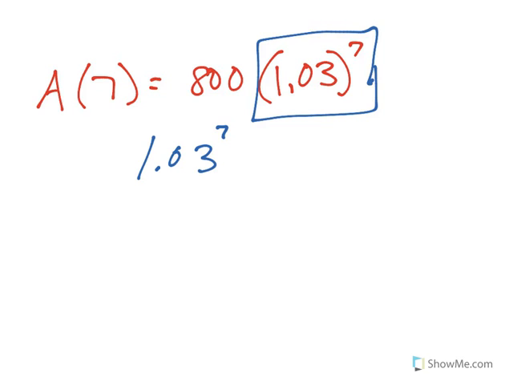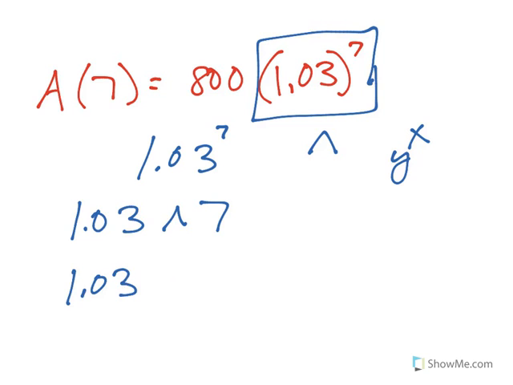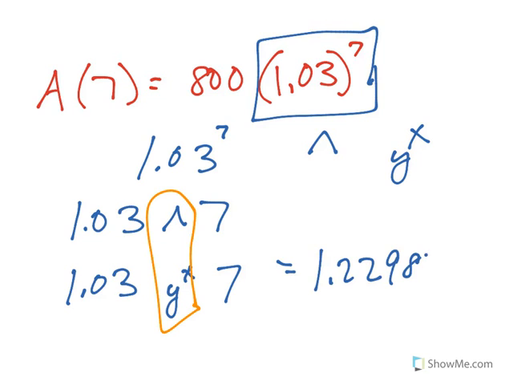So when you type that in, again, you're going to use either the caret or a y to the x. So you would type in 1.03 caret 7 or 1.03 y to the x 7. These symbols imply the next number is an exponent. So when you type that in, this value equals 1.229873865, and it just goes on and on.